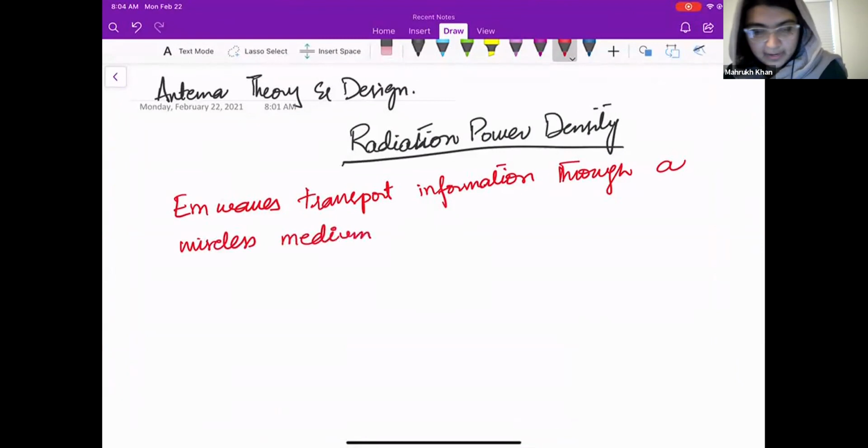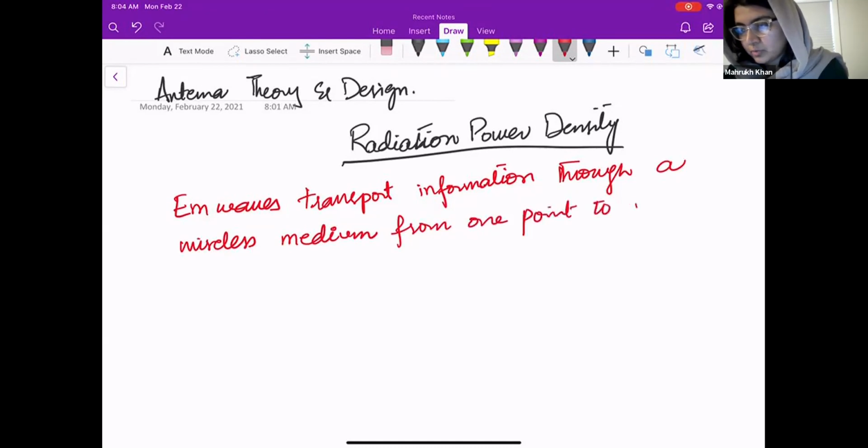We know that EM waves transport information through a wireless medium from one point to another, and power and energy are associated with electric and magnetic fields.